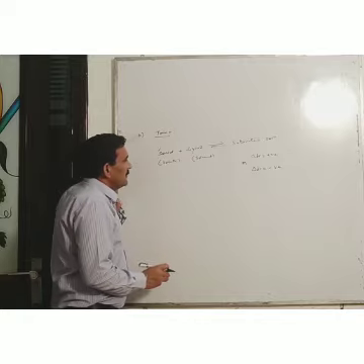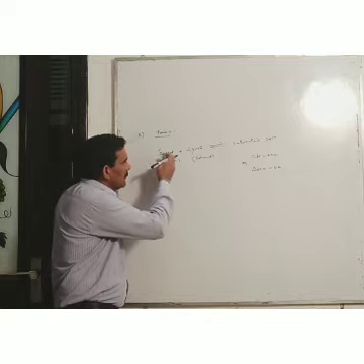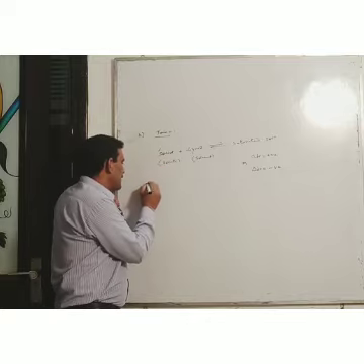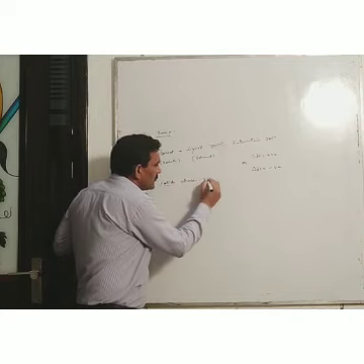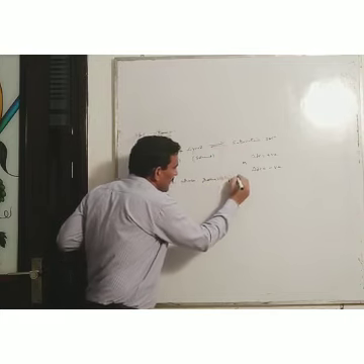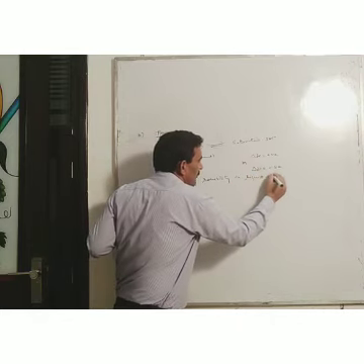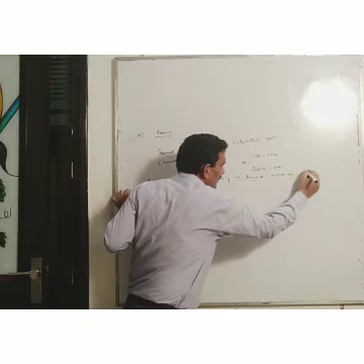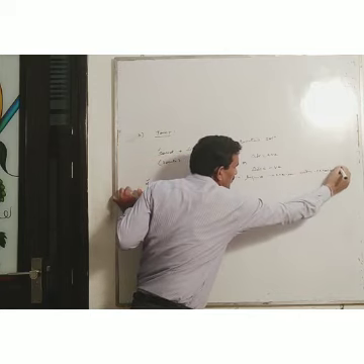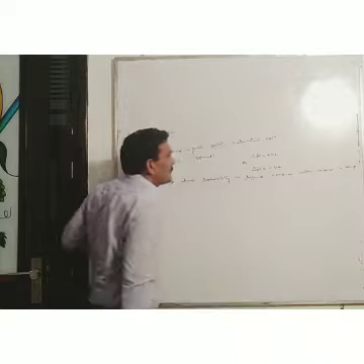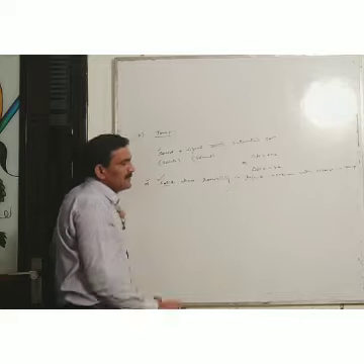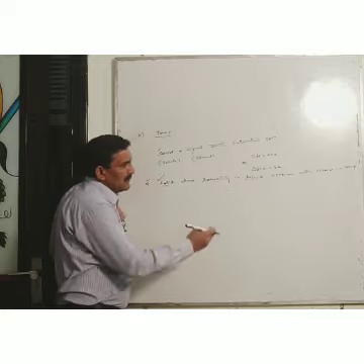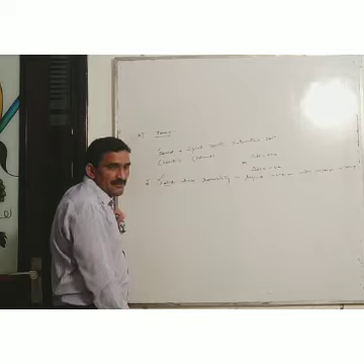Now, depending upon the effect of temperature on the solubility of a solid in a liquid, solids can be of three different types. First, solids whose solubility in liquid increases with increasing temperature.